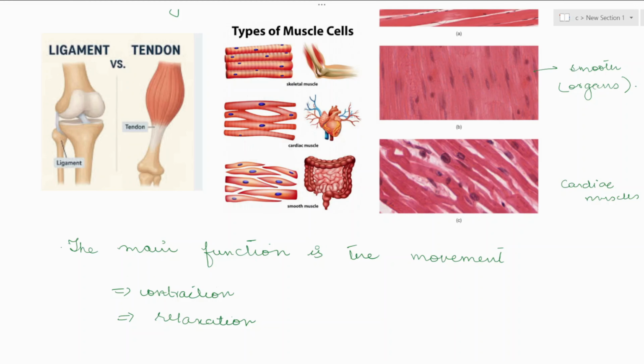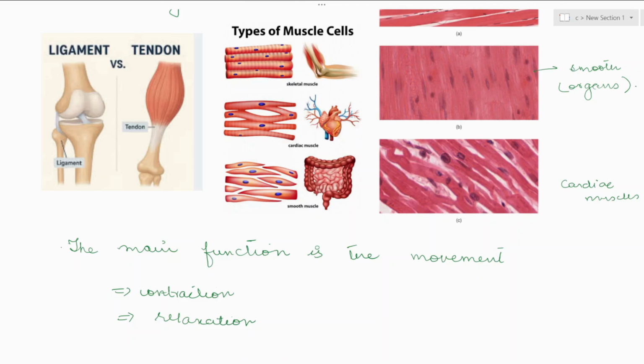The other one, the lines, the stripes. So these stripes basically contract and relax to produce a movement. These are called the myosin fiber. This is the most important one.